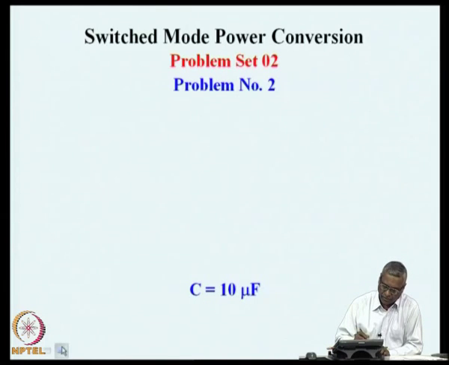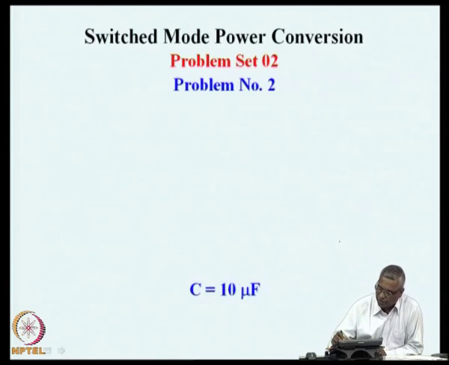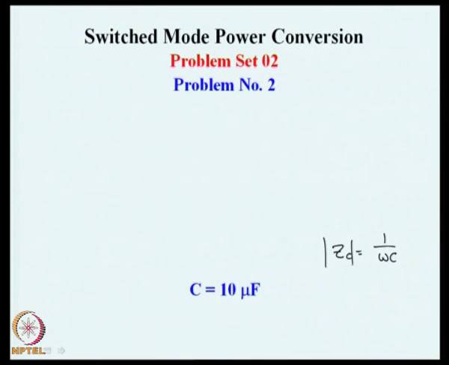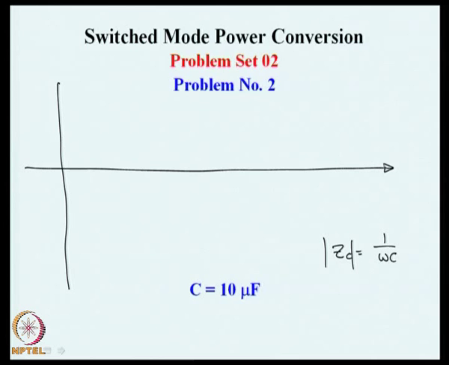For example, if we try to find out Zc as 1 by omega c, magnitude of this can be plotted as a function of omega in a logarithmic omega scale, we see that every time omega increases by a factor of 10, the capacitive impedance drops by a factor of 10.